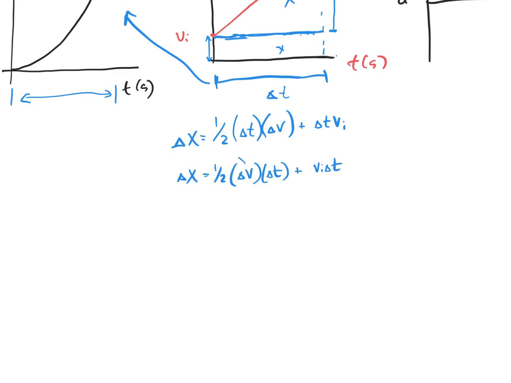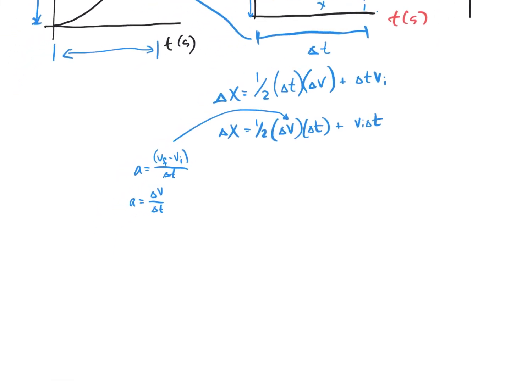Delta v, change in velocity. How does it relate to acceleration? Well, remember that average acceleration is equal to velocity final minus velocity initial over time. That's the same thing as saying acceleration is equal to delta v over delta t.